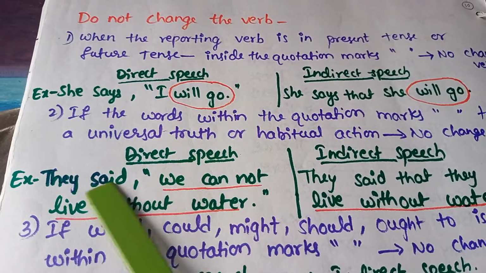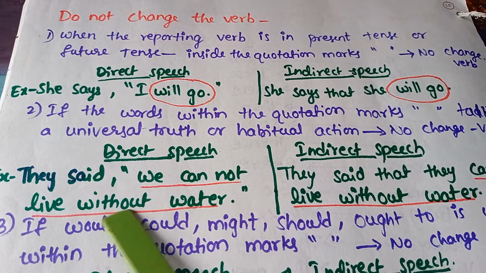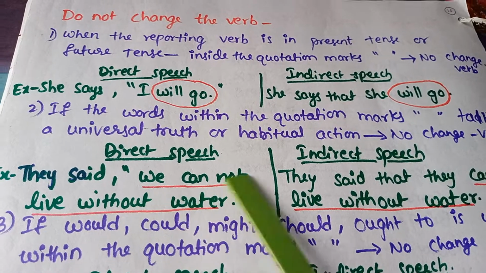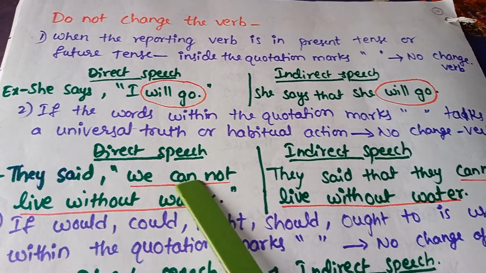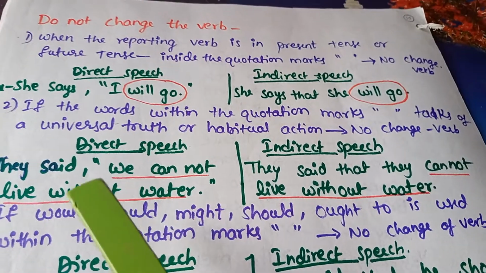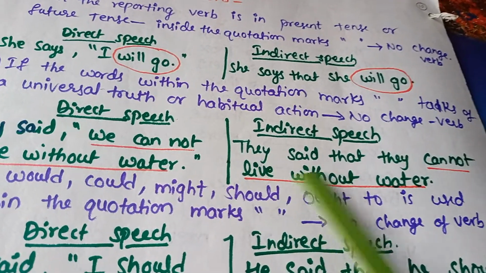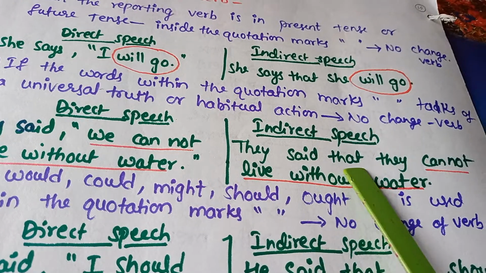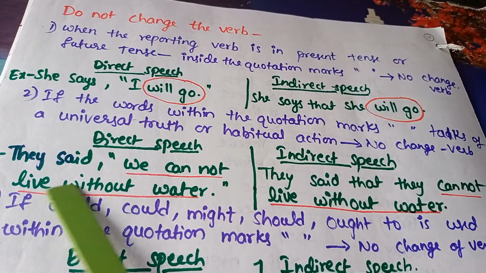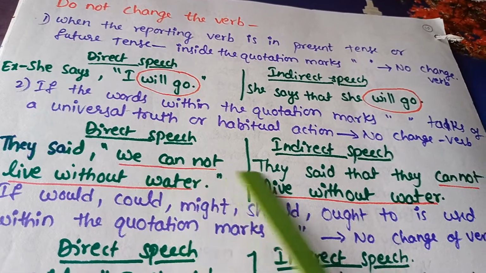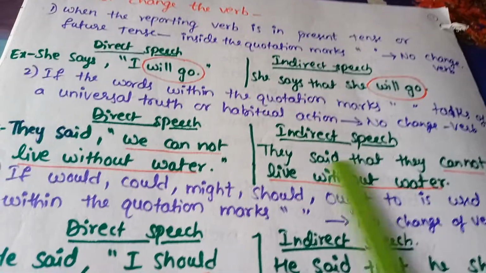In direct speech, example sentence: they said, "We cannot live without water." This is a universal truth, so we should not change the verb. In indirect speech, they said that they cannot live without water. This whole sentence should not be changed in indirect form.